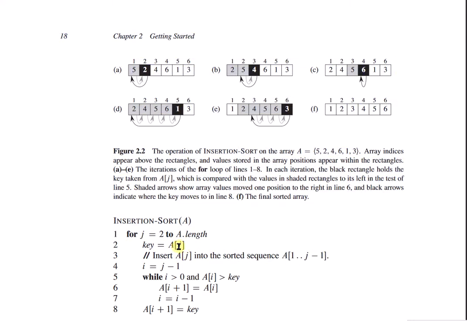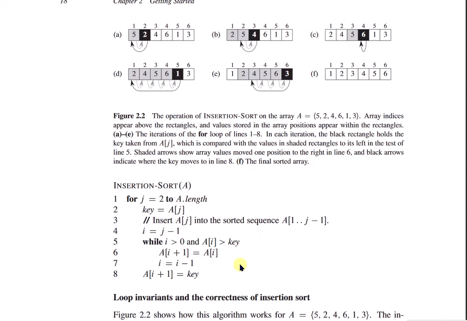When we are taking the jth element, for example, we are picking the fifth card from the pile. We already have four cards. J is 5, j minus 1 is 4. So we have four cards in our left hand in a sorted sequence. We need to insert the fifth card into the sorted sequence of four cards. That is what we are trying to do here.